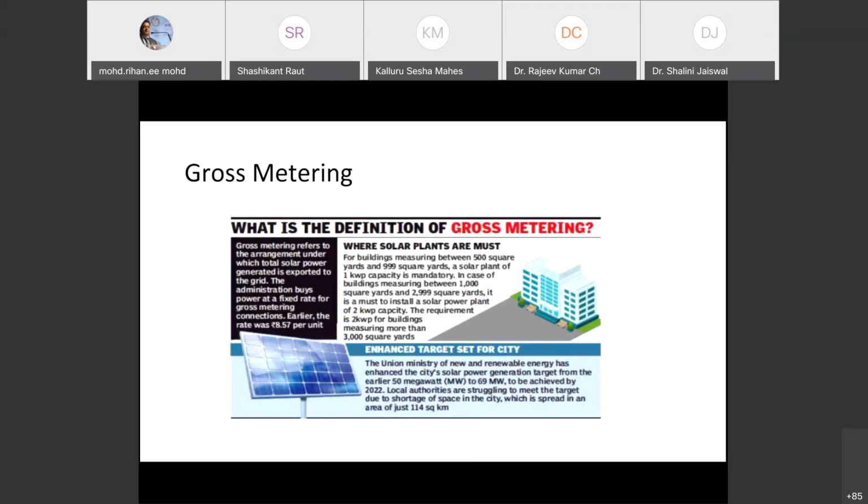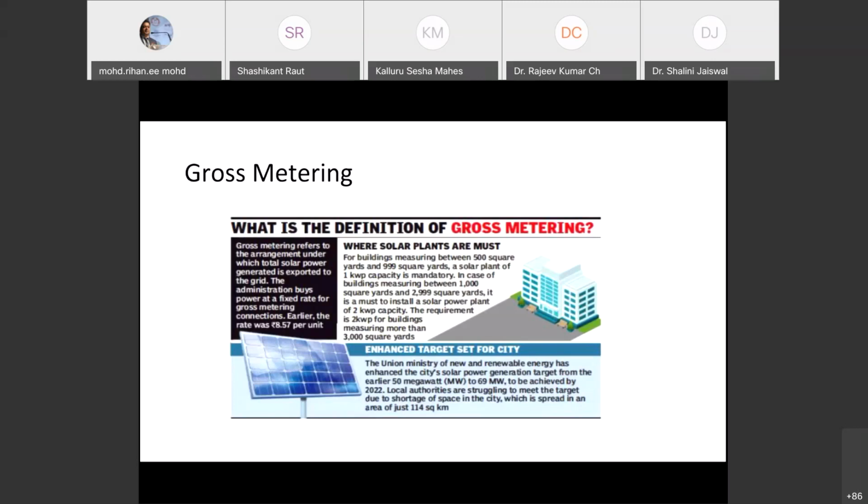So now what they are doing is, the rate at which they are paying for solar units is less compared to the rate at which they are selling electricity to the consumer. So all types of examples are there, depending upon the status of technology deployment in a country and what the priorities are. So net metering is one concept, gross metering the other concept.